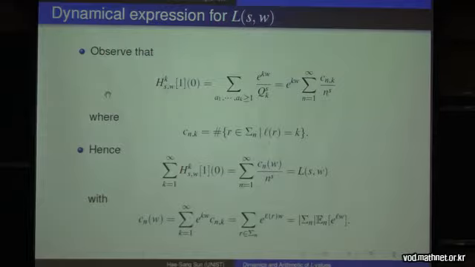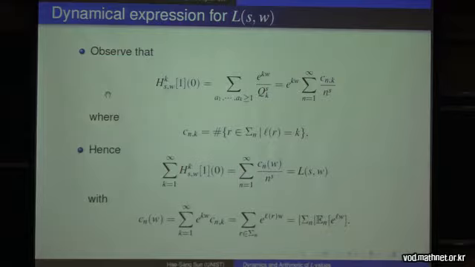Now the number of such tuples, you can easily see that this number is actually equal to this one. So this is exactly the number of rational numbers in sigma_n. The denominator should be n, so actually this is the denominator. So the denominator is exactly n, and in this case the length is exactly k. So in fact, this number is equal to this one, and you get this kind of expression.